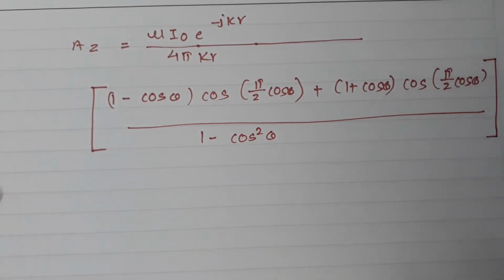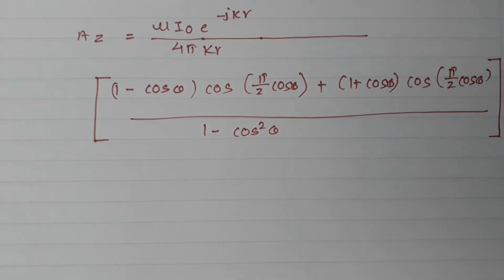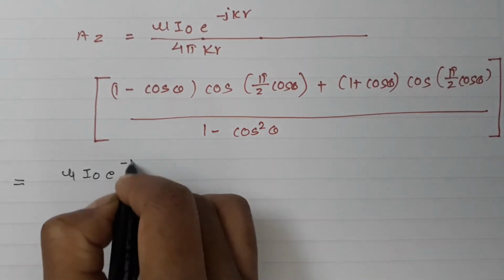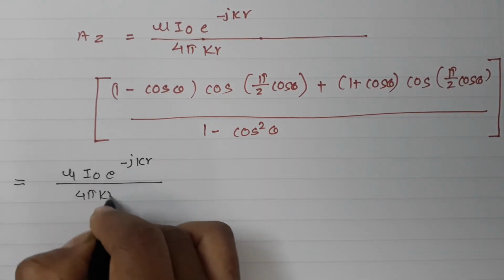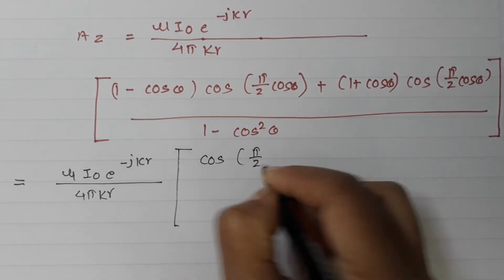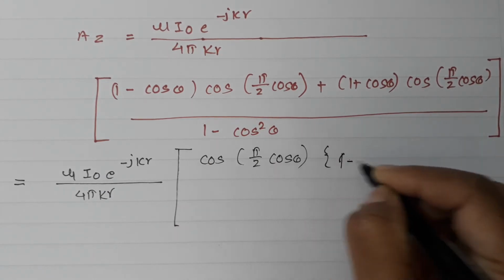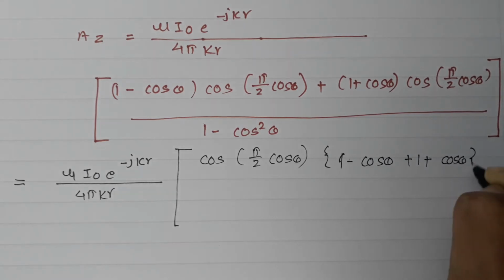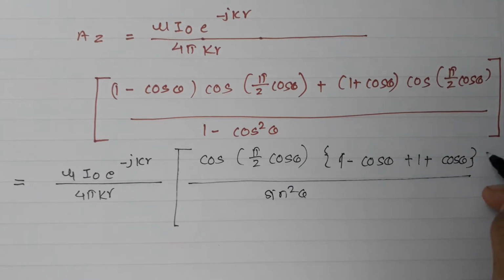This is how I am going to solve this particular Az equation. Further writing the things, I will get μ I0 e^(-jkr) / 4πkr, cos(π/2 cos θ) [(1 - cos θ) + (1 + cos θ)] divided by sin²θ.